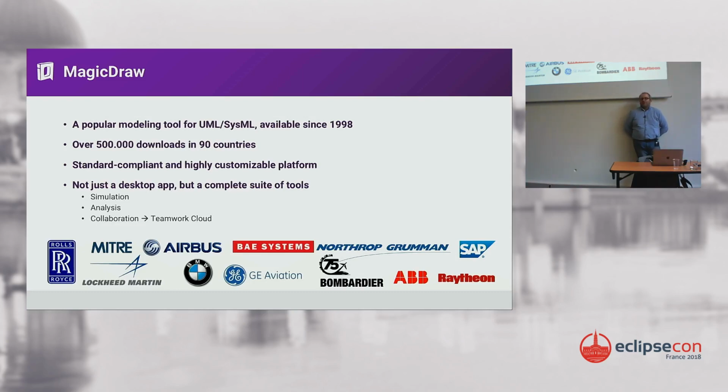And Magic also has a solution for supporting collaborative work nowadays more and more on the web platform. The technology that is of particular interest to us in this talk is called Teamwork Cloud, which is the collaborative backend for UML SysML modeling. In particular, you can think of Teamwork Cloud as a kind of version management system like Git or SVN, but more tailored specifically for models.